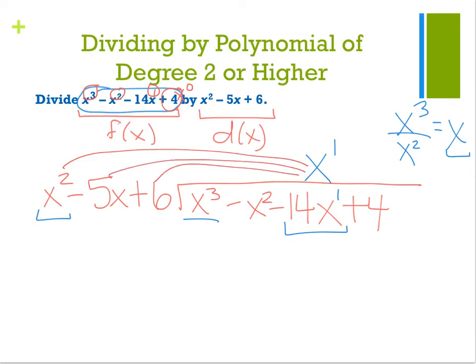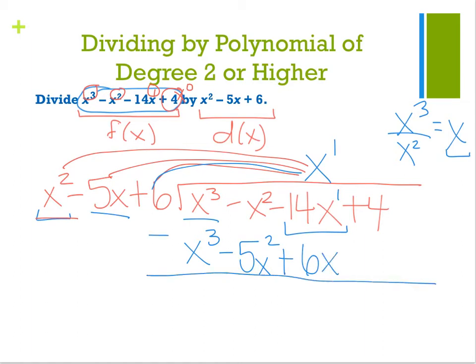So if I multiply, first of all, x squared by x, I'm going to get x cubed. If I multiply x by negative 5x, I get negative 5x squared. And if I multiply x times 6, I get positive 6x. And I'm going to subtract, and if I subtract these columns like I always do with long division, x cubed minus x cubed is going to give me nothing.